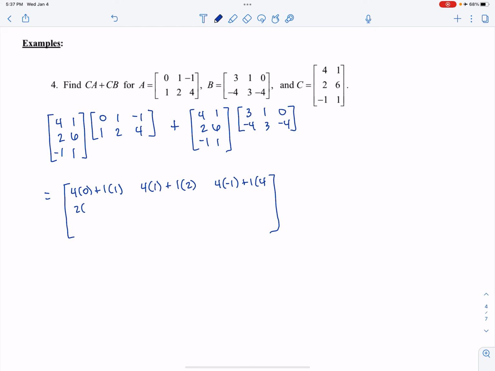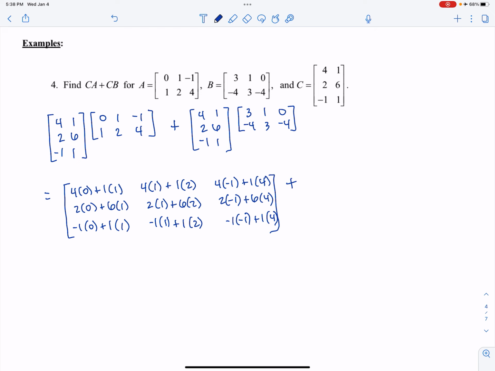Then we have 2 times 0 plus 6 times 1, 2 times 1 plus 6 times 2, 2 times negative 1 plus 6 times 4. And lastly, negative 1 times 0 plus 1 times 1, negative 1 times 1 plus 1 times 2, negative 1 times negative 1 plus 1 times 4.